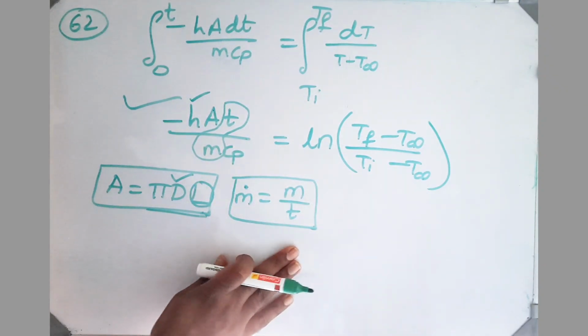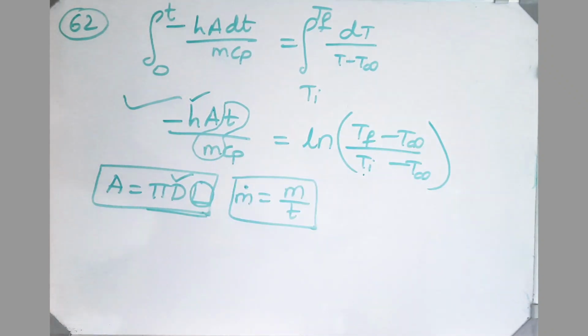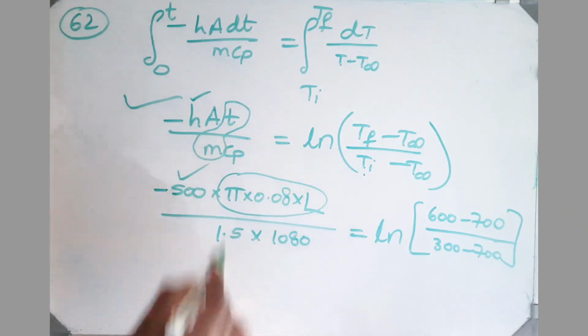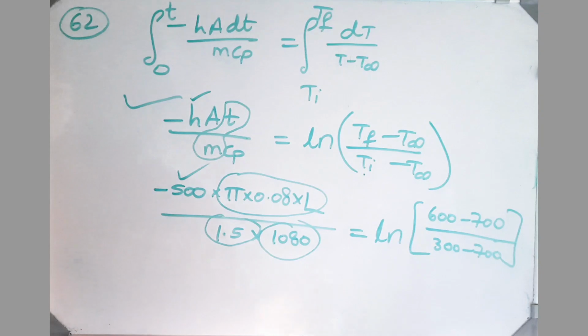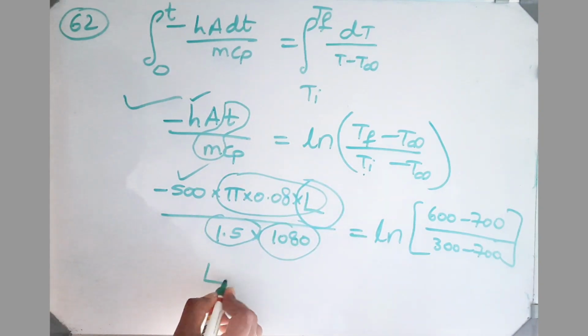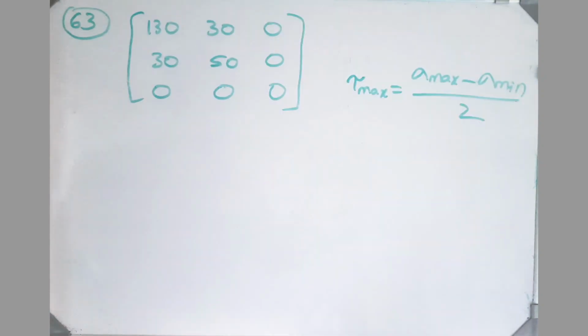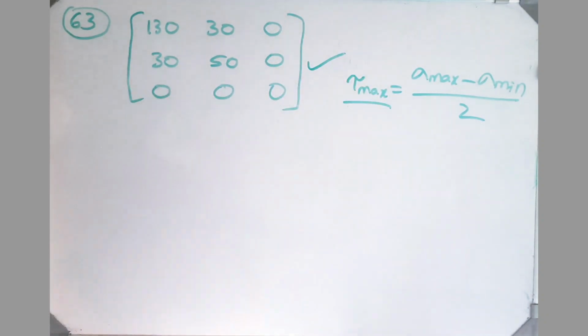This is also given in the equation. T i, T f, T infinity, everything we know. So let's substitute the values. So h, area is pi dL, and mass flow rate, Cp, everything was substituted. So for solving for L, in the end we get L is equals to 17.88 meters.